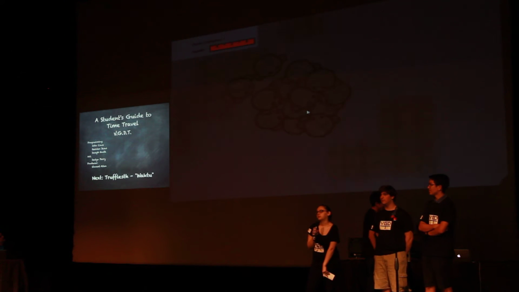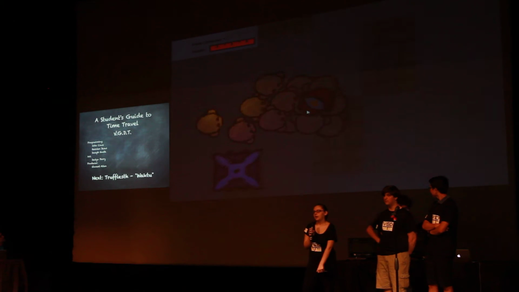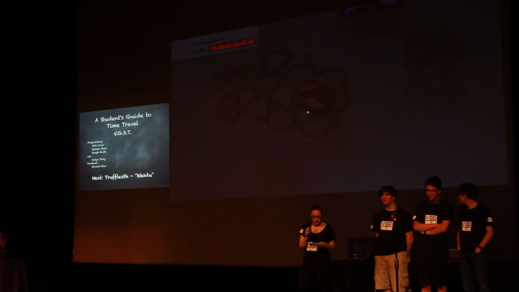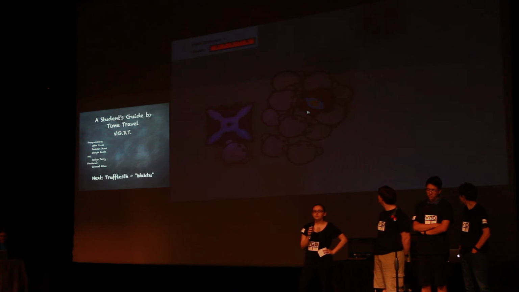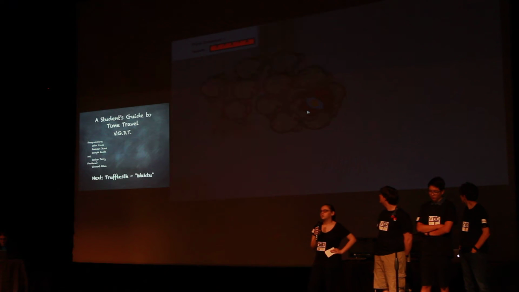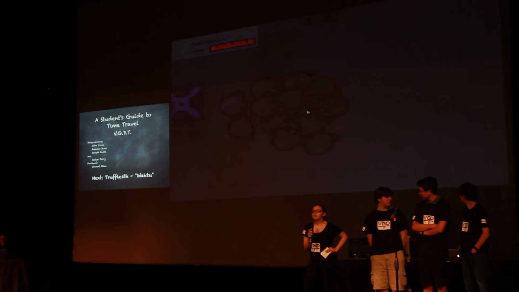So for this project, I used GIMP and a Wacom tablet. For the cutscenes and the title screen, we used a cartoony-esque style because we wanted to give it a comedic feel.